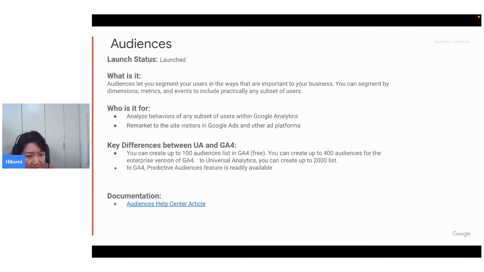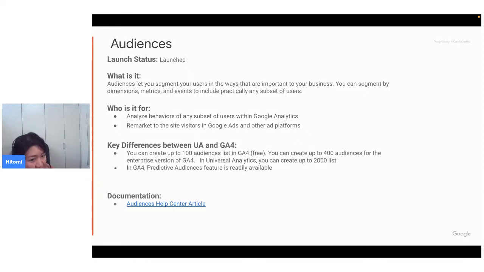The key differences between Universal Analytics and GA4 in terms of audiences. The first difference is the number of audience lists. For GA4 free, you can create up to 100 audience lists, and for the GA4 enterprise version, you can create up to 400 audiences.